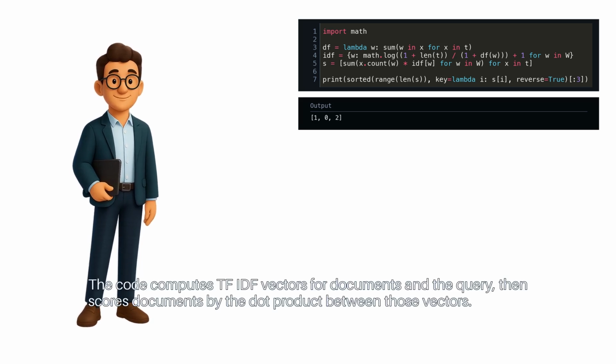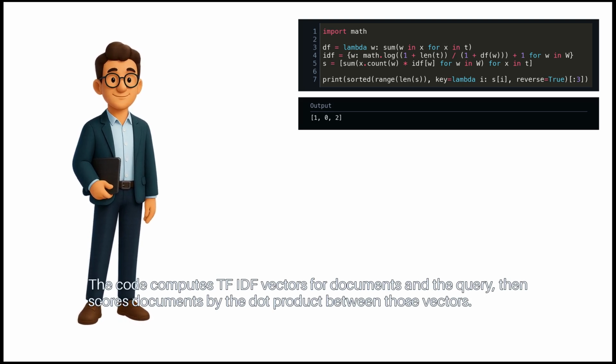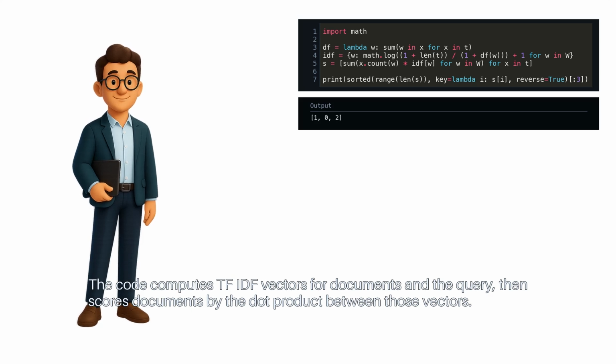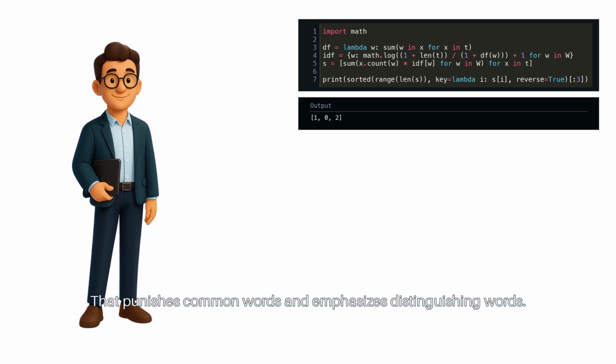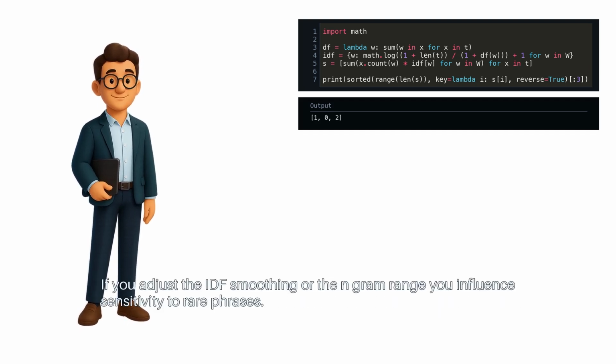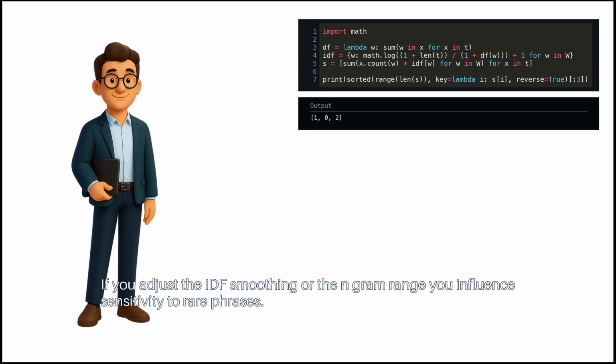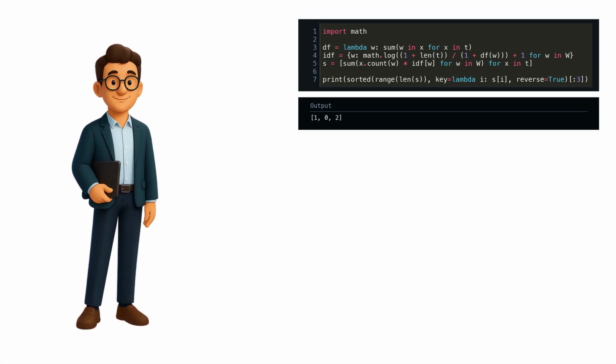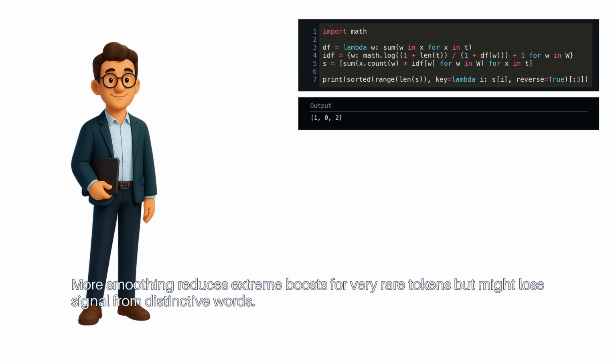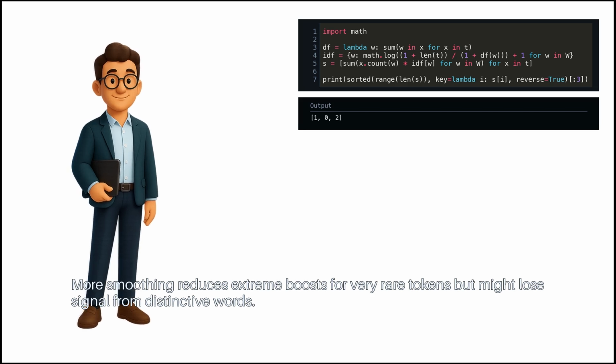The code computes TF-IDF vectors for documents and the query, then scores documents by the dot product between those vectors. That punishes common words and emphasizes distinguishing words. If you adjust the IDF smoothing or the n-gram range, you influence sensitivity to rare phrases. More smoothing reduces extreme boosts for very rare tokens, but might lose signal from distinctive words.